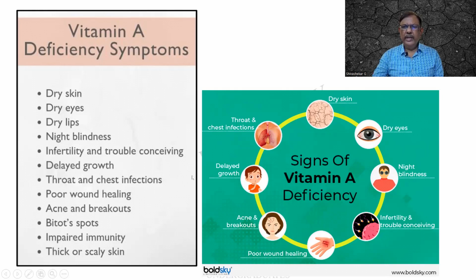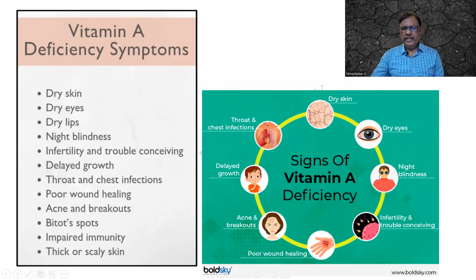Probably these are all related to squamous metaplasia, poor wound healing, acne and breakouts, Bitot spots, impaired immunity, thick and scaly skin. Nice list prepared from the nursing notes. So you people can have this in mind, quite useful.